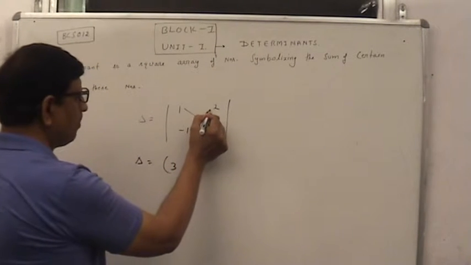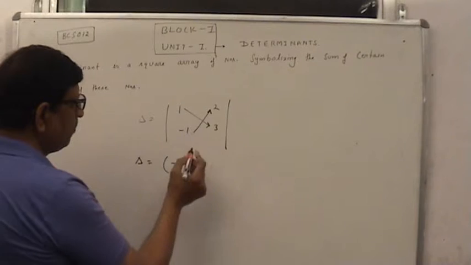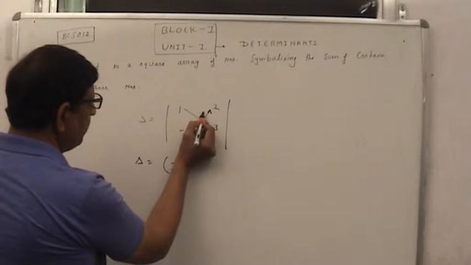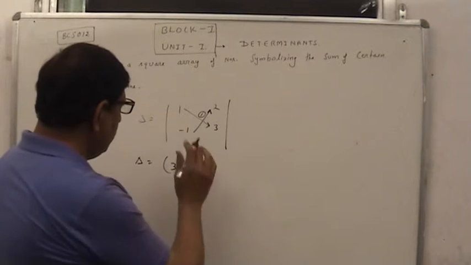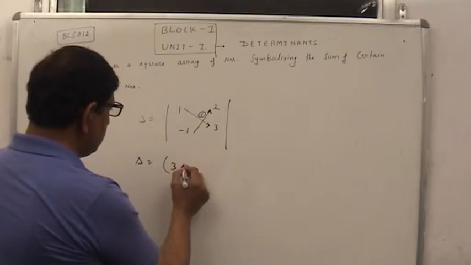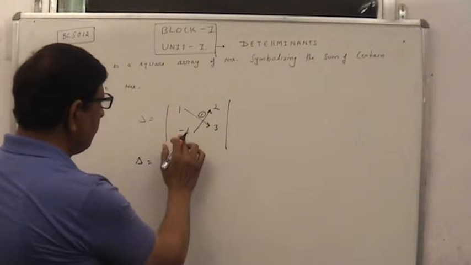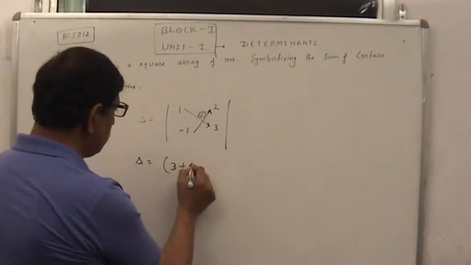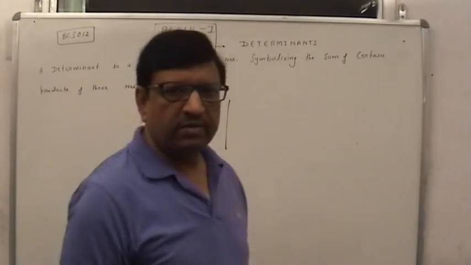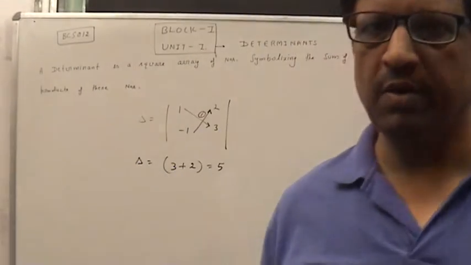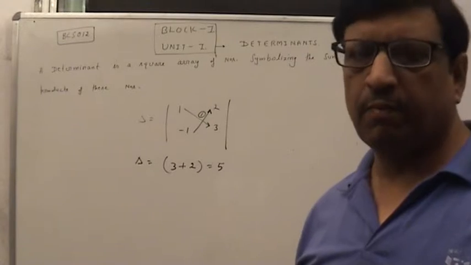Then from bottom to top, when we travel from bottom to top, we apply a negative sign from our pocket. It means minus 1 into 2, so 3 plus 2, that is equal to 5. That's how we can solve a 2 by 2 determinant in a simple process.